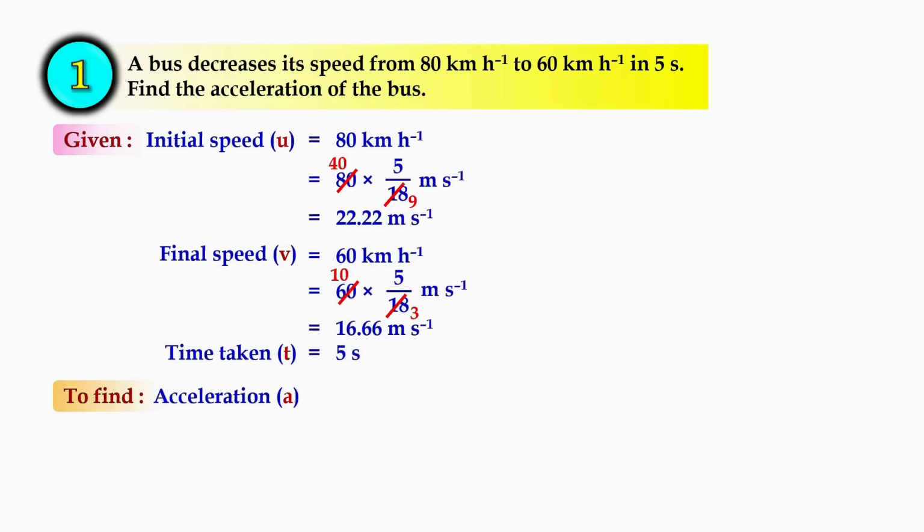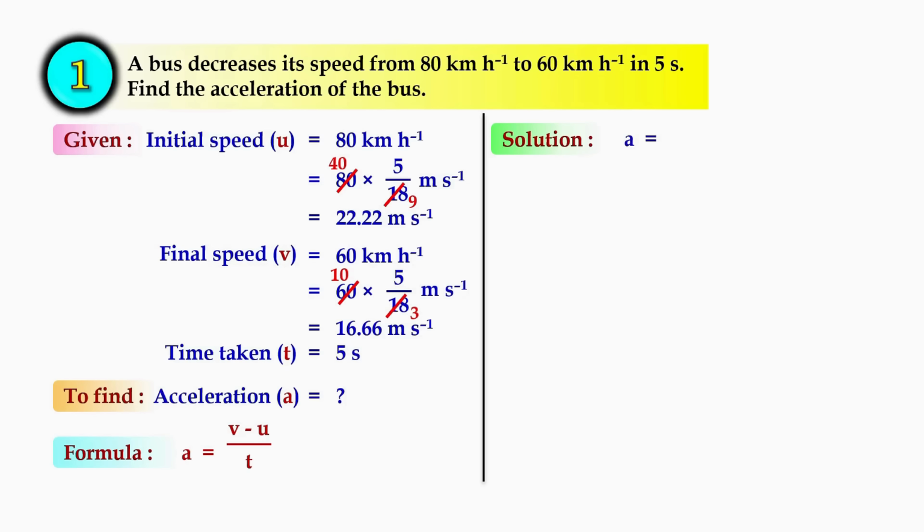Acceleration equals final velocity minus initial velocity divided by time. That is, a equals (v minus u) upon t. Substituting the values, acceleration equals (16.66 minus 22.22) divided by 5. This gives us an acceleration of minus 1.112 meters per second squared.